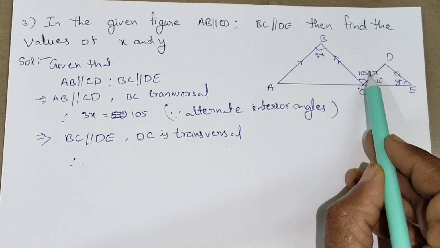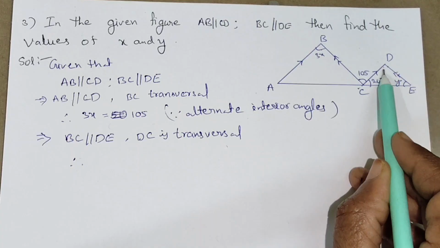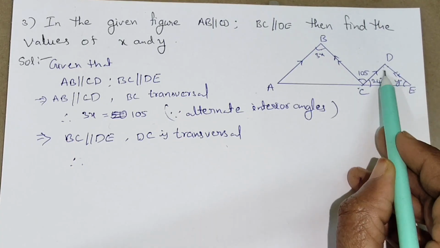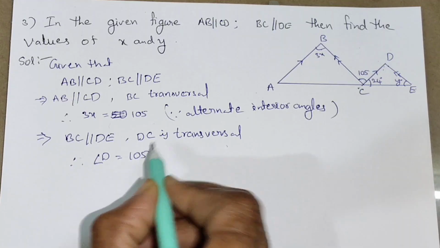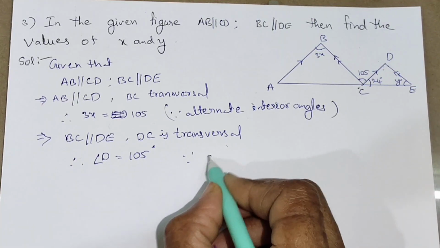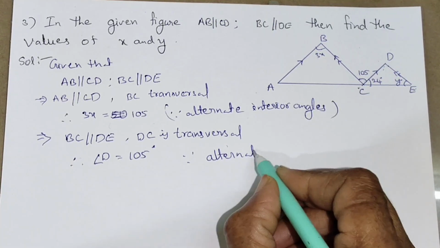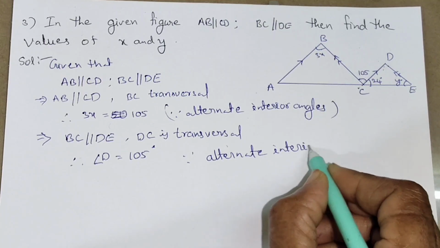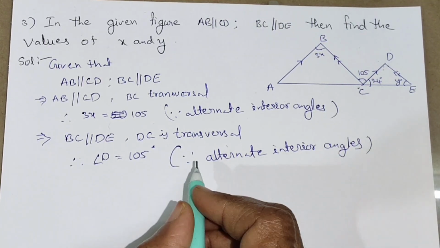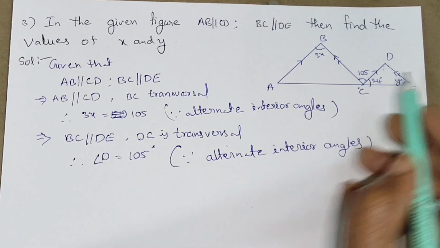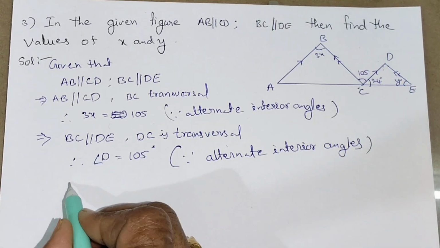Angle D equal to 105. These two angles are equal, alternate interior angles. Angle D equal to 105 degrees. So here we take the triangle CDE.